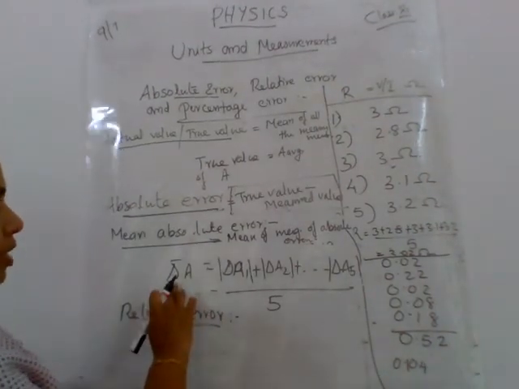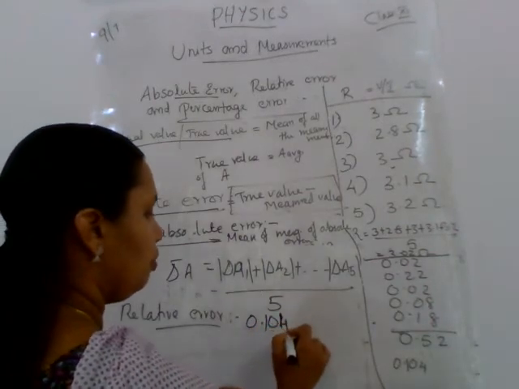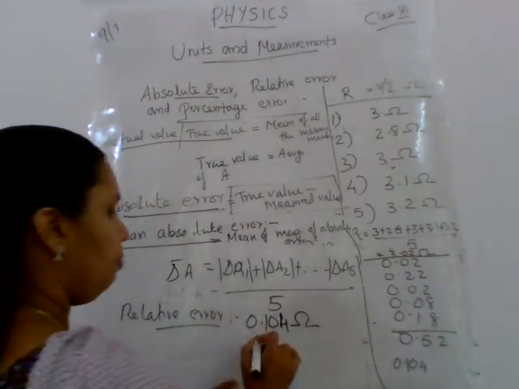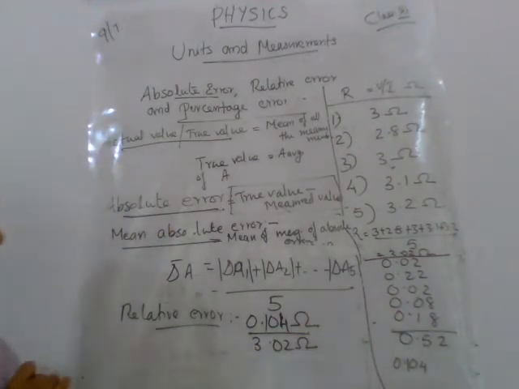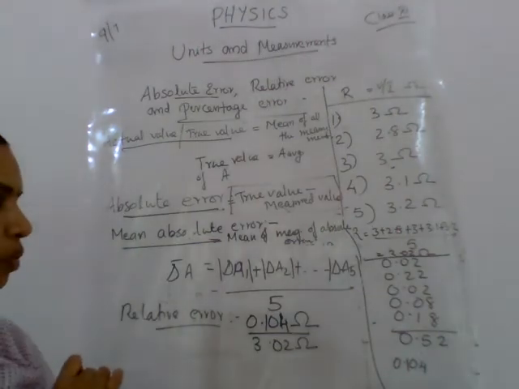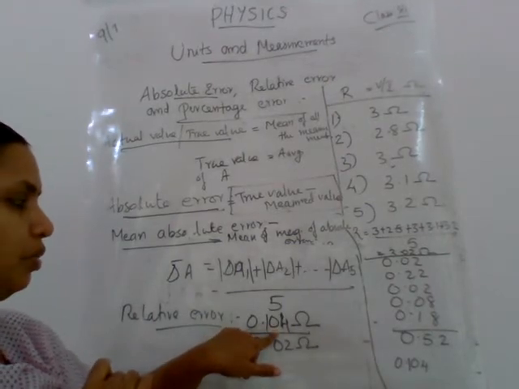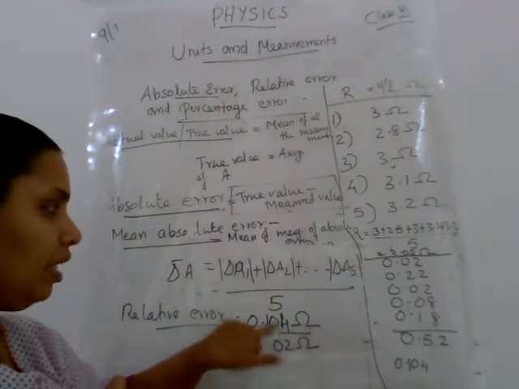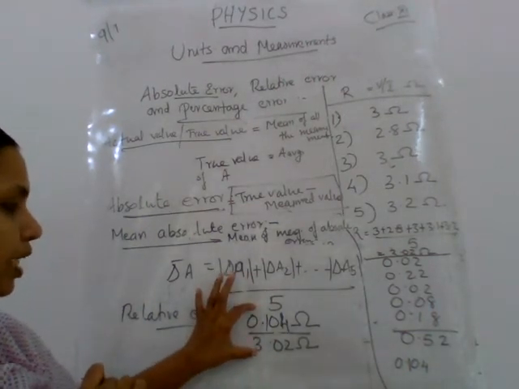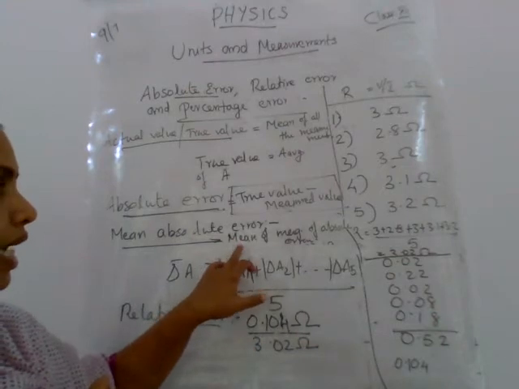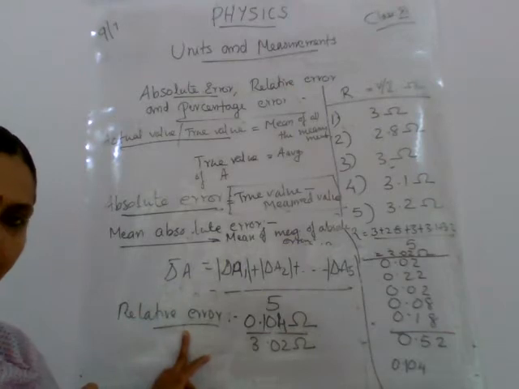So here we got the mean absolute error as 0.0104 ohm divided by 3.02 ohm. 0.0104 is the mean absolute error and this is the true value. So the ratio between the mean absolute error and the true value is known as relative error.